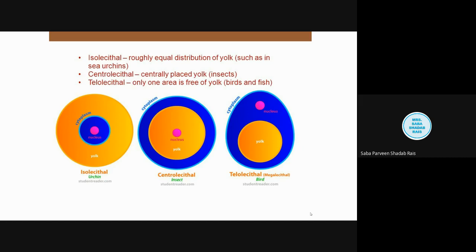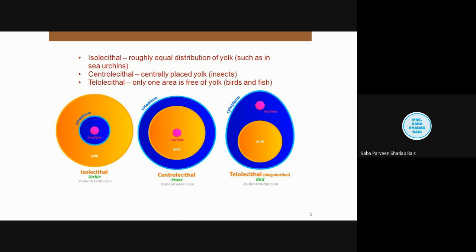This type of egg will also be a polylecithal egg, but here, instead of concentrating into the animal pole, cytoplasm comes at the center side, and periphery will be a thick layer of the yolk. So this peripheral yolk will create a strand of cytoplasm at the central part, and such type of egg will be found in the case of arthropods as well as the coelenterates.